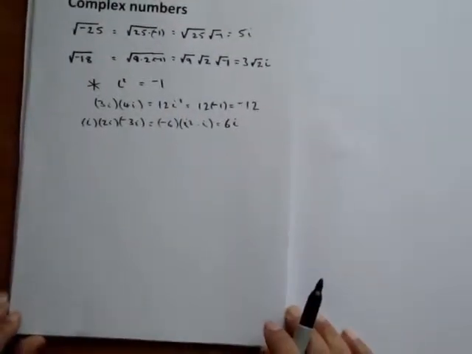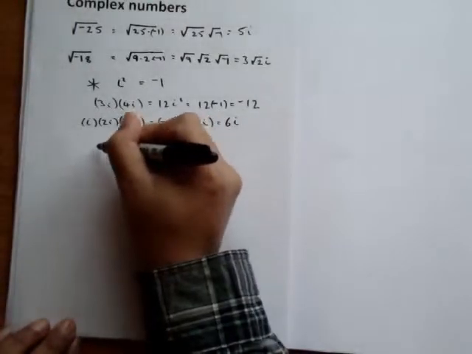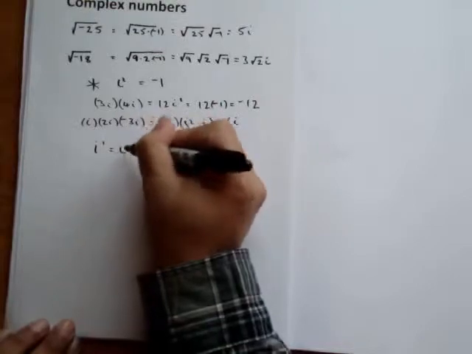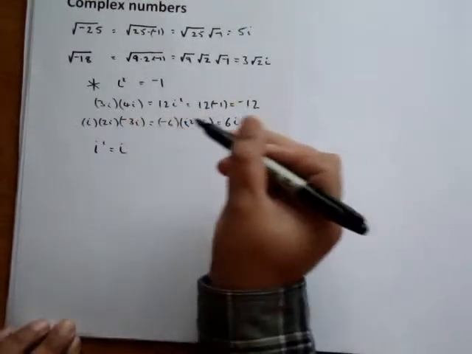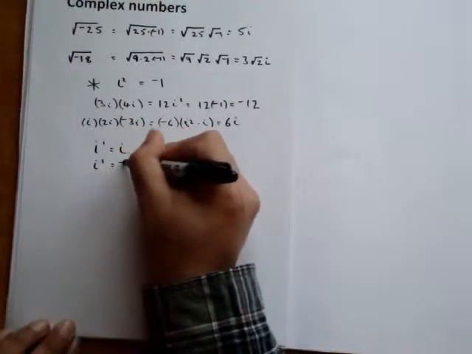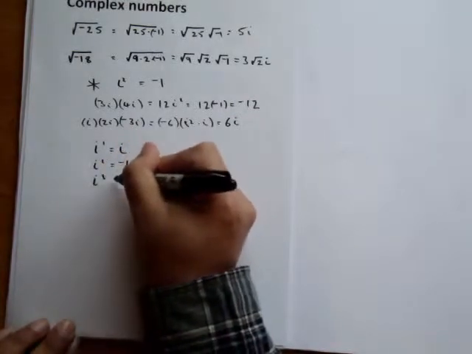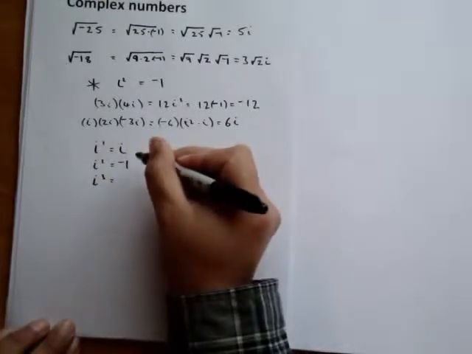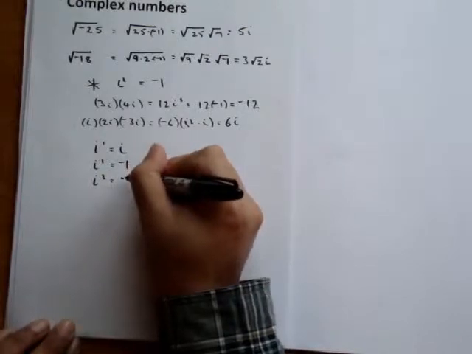Some properties of i. So i to the power 1 is i. Anything to the power 1 is itself. So i squared, as we said, was -1. i to the power 3, as we said here, was -i.